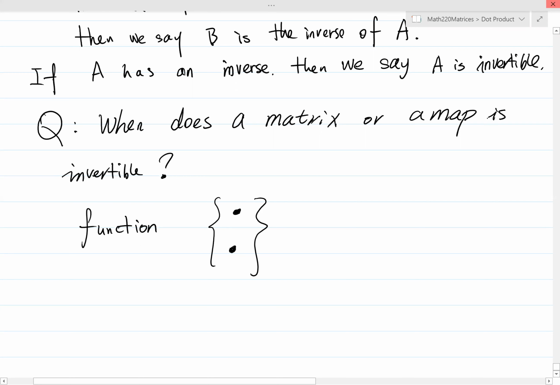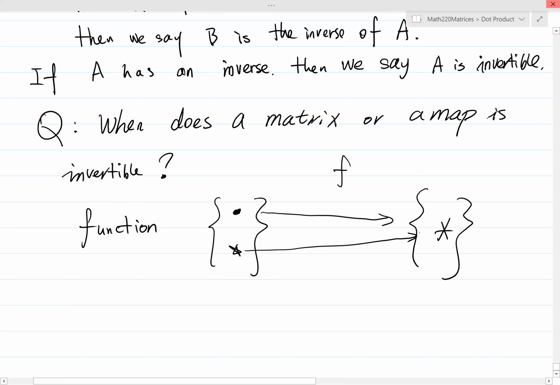They are distinct. Now under a map, for instance F, we map both to this object star.